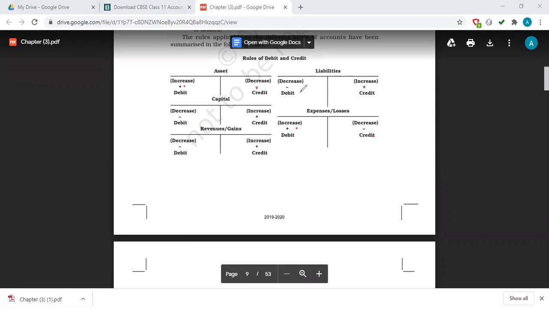In the same way, three things are together. When capital is increased, it is written on the credit side. In the same way, when revenue is increased, it is written on the credit side. When liability is increased, it is written on the credit side. Expenses we had seen, when decreased, credit side; increased, debit side, right?